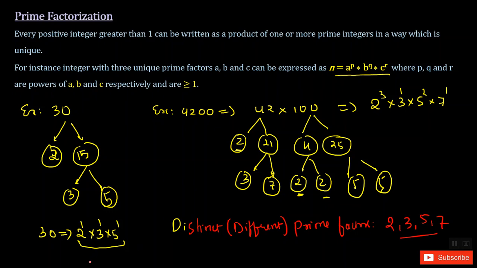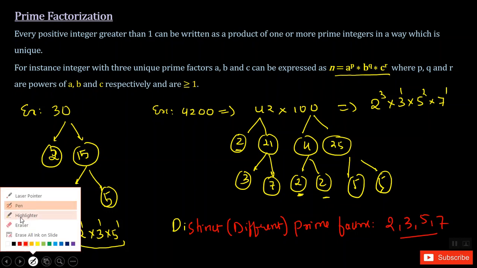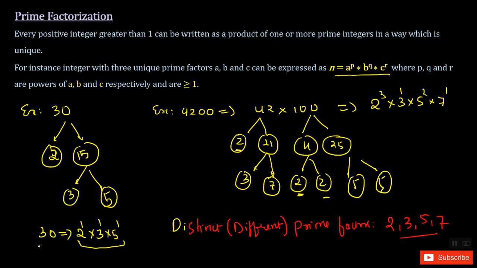When I'm talking about distinct or different, I won't be talking about how many times 2 is repeating, how many times 3, how many times 5 are repeating. These are the distinct or different prime factors of the number 4200. Okay, all right, let's move next. This is how you find the prime factorization.